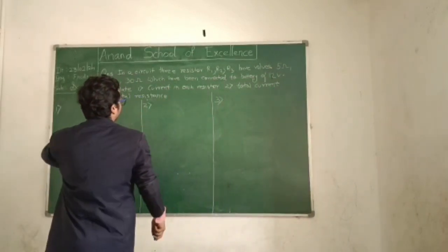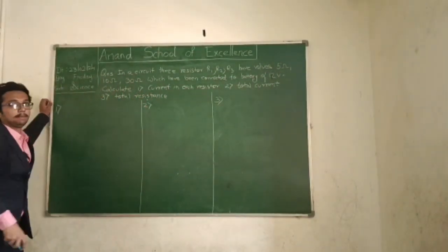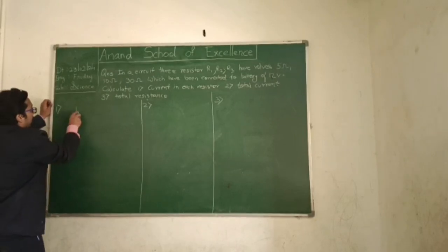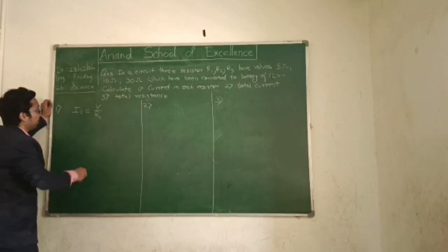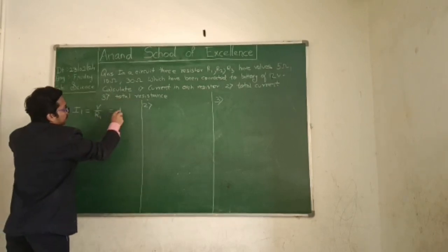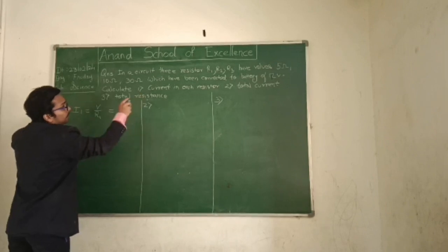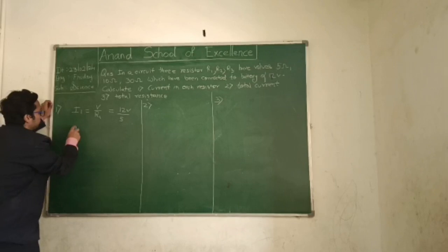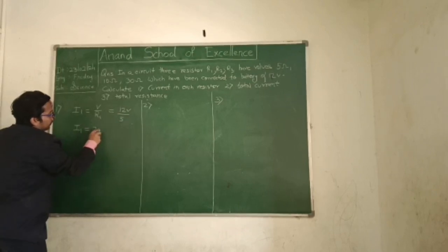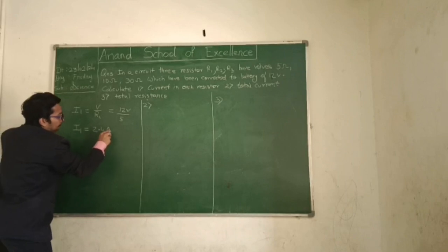So first we have to find the current in each resistor by applying Ohm's law. We get I1 is equal to V upon R1. Here the value of V is same for all resistors, that is 12 volt, divided by R1, 5 ohms. So we get I1 is equal to, this being cancelled out, 2.4 ampere.